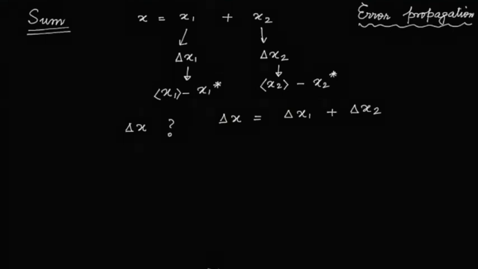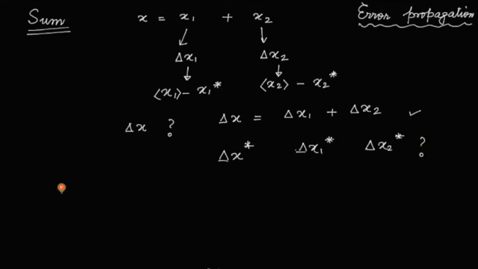This is true, right? Now, what about the absolute errors? What is delta x star in terms of delta x1 star and delta x2 star? Let's try to calculate the absolute error here. What is the definition of delta x star?